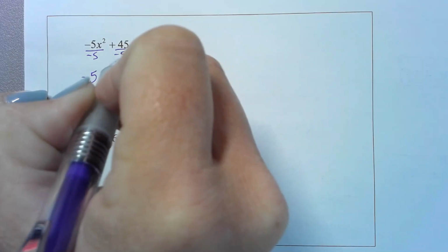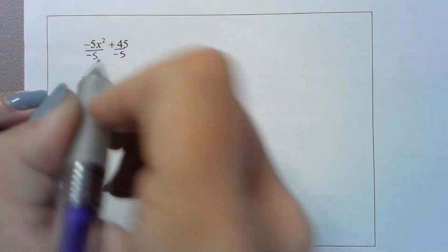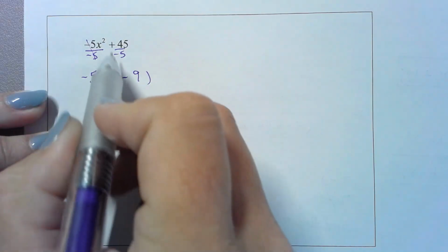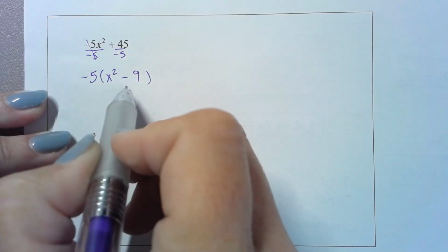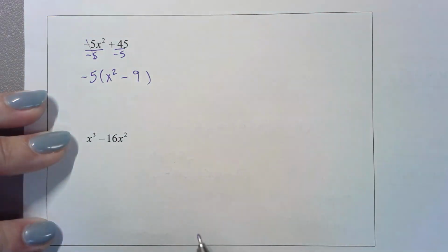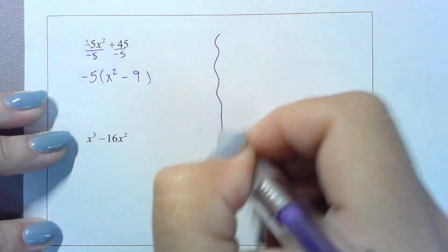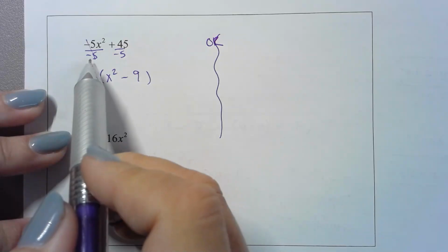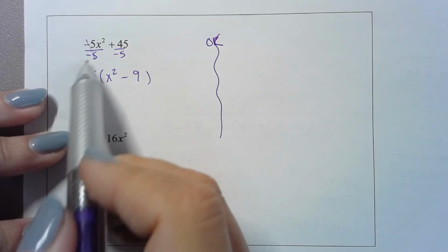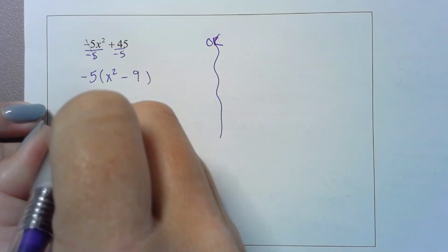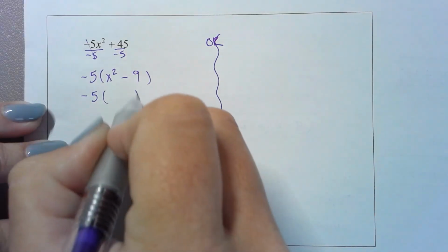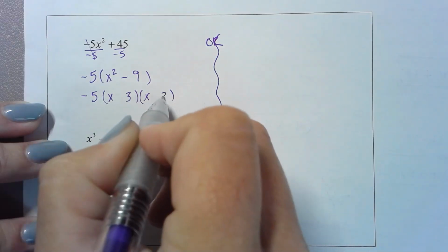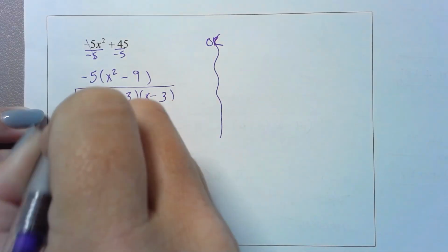So I'm going to pull out a negative 5, which leaves me with an x squared minus, right? A positive divided by a negative is negative, 9. I'm going to do this problem two different ways. I'll come back to it and do it in a second when it says or. So I said, let's pull out a negative 5. Great. Now that I did that, I see that difference of squares, and I can factor and do an x, x, 3, plus, minus.